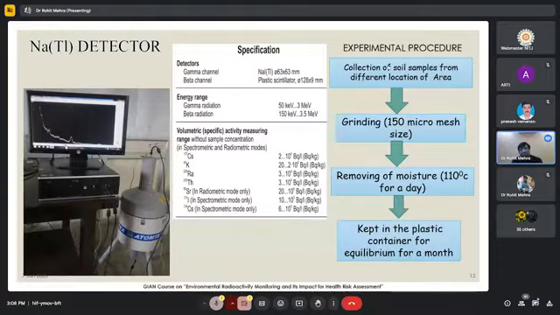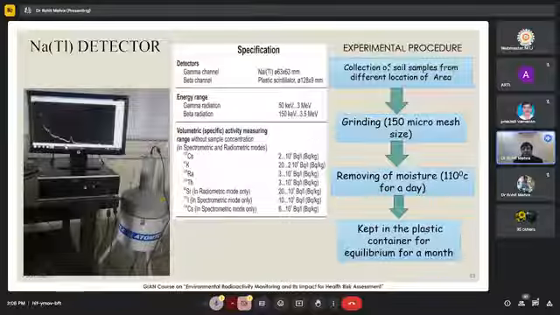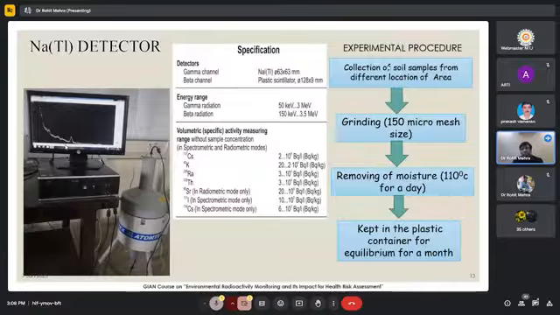So once you measure, you should either devise a software, which is nowadays provided by the company supplying these instruments. But as a physicist, you should know the particular efficiency for that particular energy which I am measuring for my instrument, and the branching intensity linked with that particular energy.